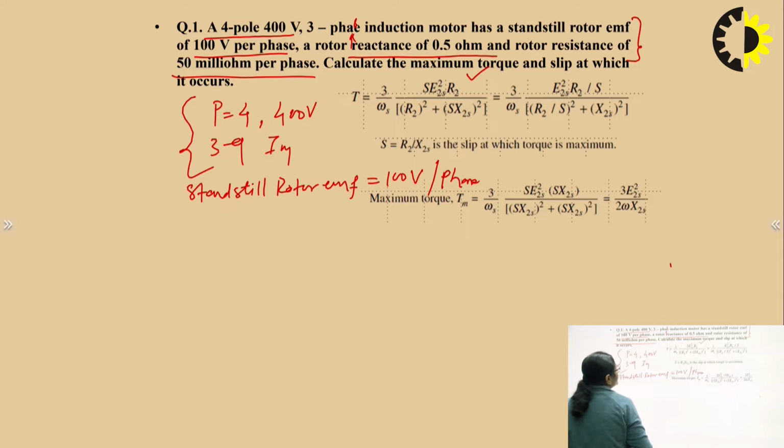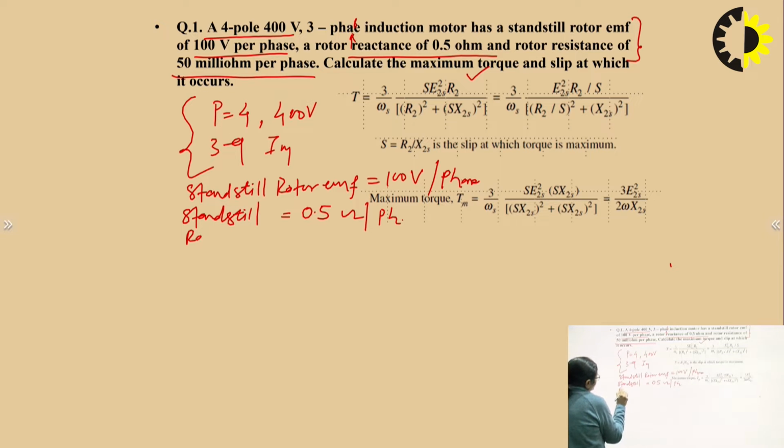The rotor reactance, again at the standstill condition, is given as 0.5 ohm. This is also the per phase value of the rotor reactance. So, standstill rotor reactance is given as 0.5 ohm per phase.